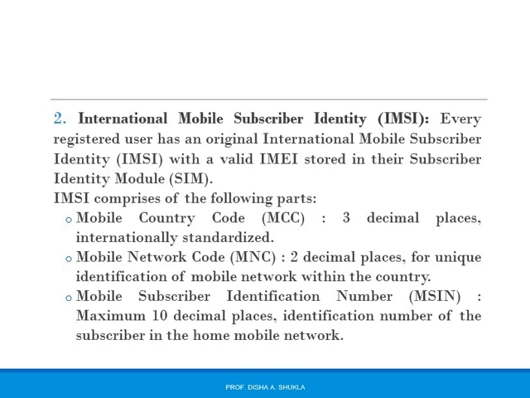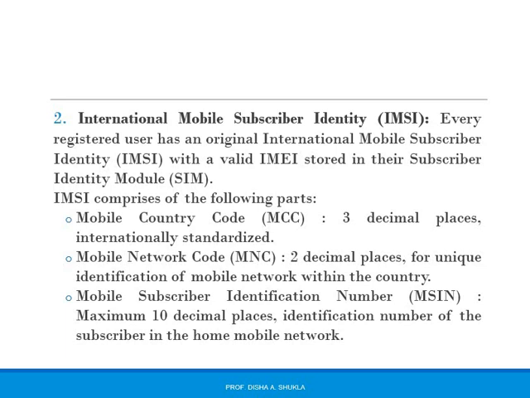This is your actual mobile number, a maximum 10 decimal places identification number of the subscriber in the home mobile network. In your home mobile network, this is the number that has been assigned to you, and it has 10 digits. That is the MSIN.